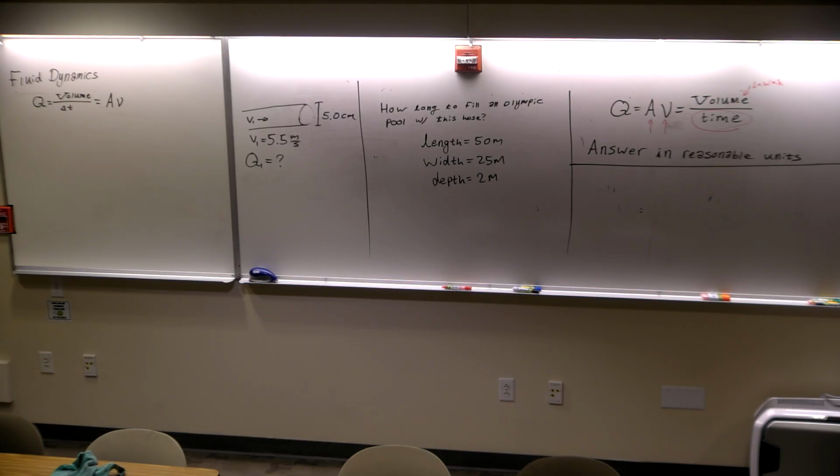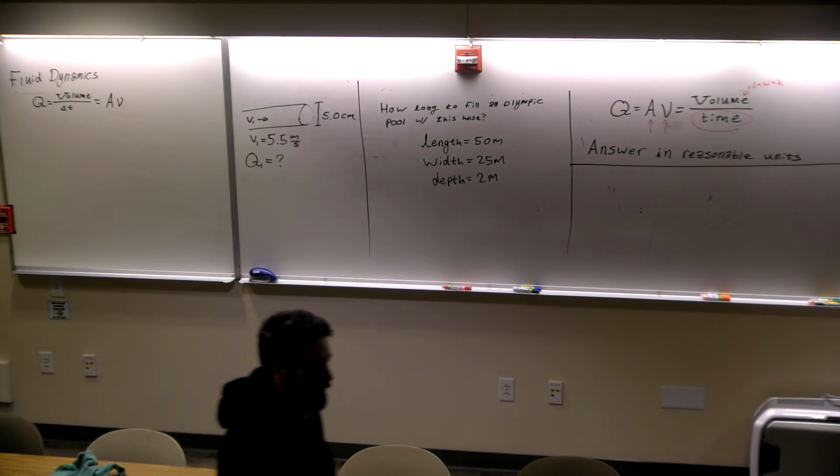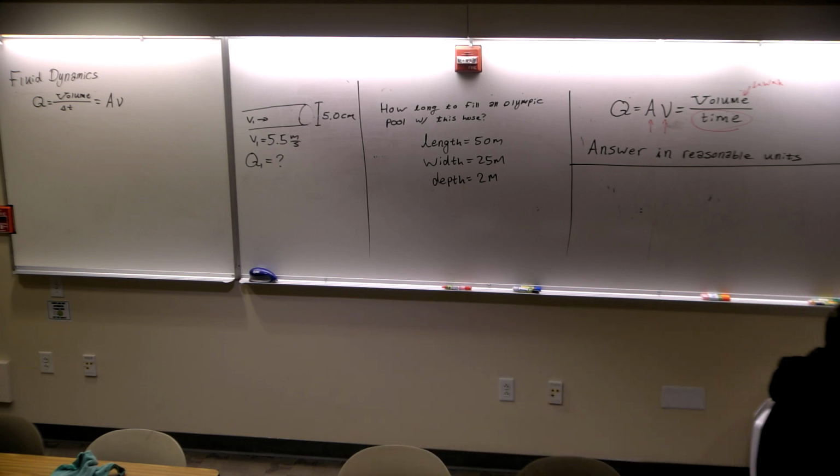Remember, I changed the speed to 5.5 meters per second, so your flow rate is now different than it was in the earlier problem. I did this to make you recalculate flow rates.